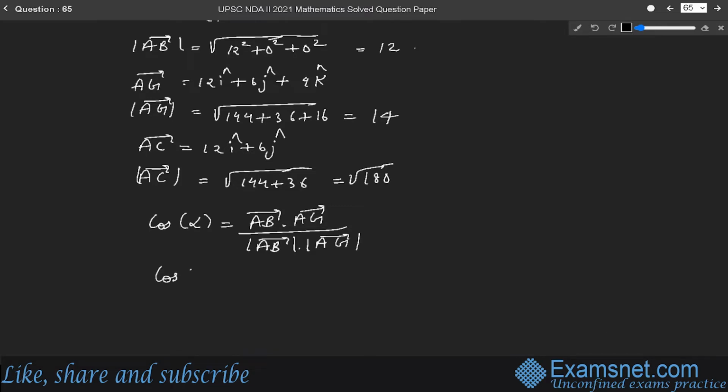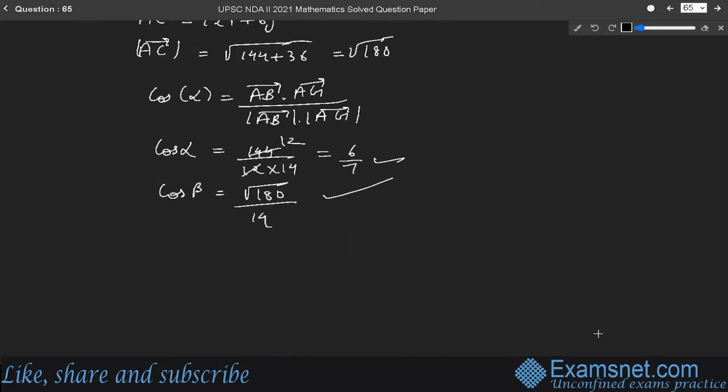So cos alpha equals 144 upon 12 into 14, which is 6 by 7. Cos alpha is 6 by 7 and cos beta will be root 180 upon 14. Now we have both the values. We have to find the value of cos 2 alpha plus cos 2 beta.